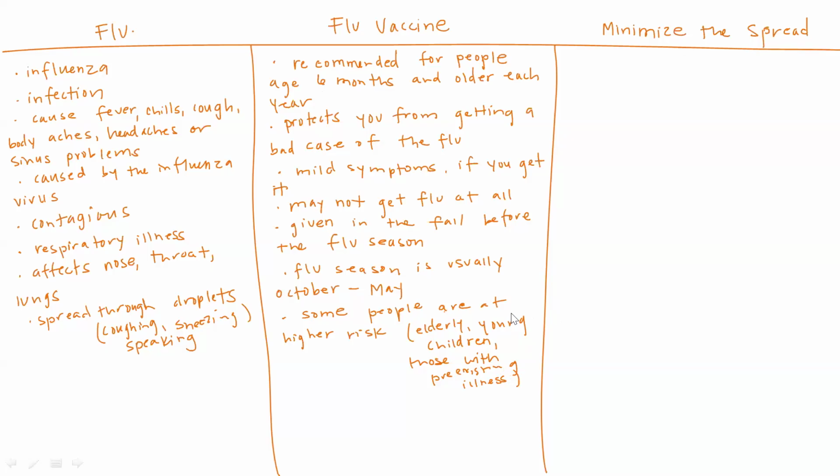Okay. And how do we minimize the spread? So this is just a chart to put all the information in order for you. And then you can select what you want to explain and how you want to explain it using your own words.